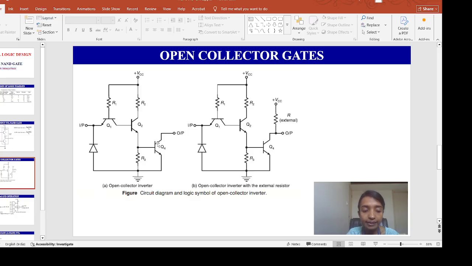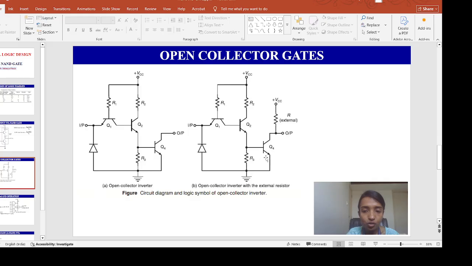The open collector inverter circuit is shown in this diagram, and in order to get the proper logic high and low levels out of this circuit, if you come to this figure B, an external pull-up resistor is connected to this VCC or supply voltage, and it is connected to the collector of this Q4.